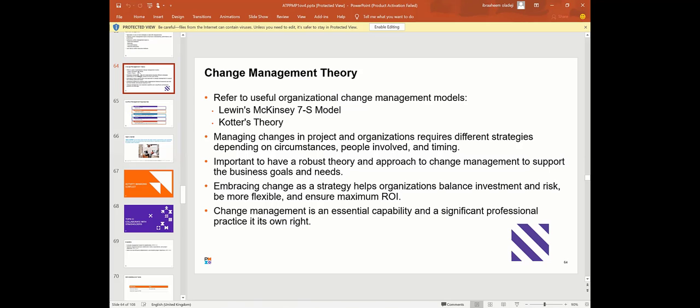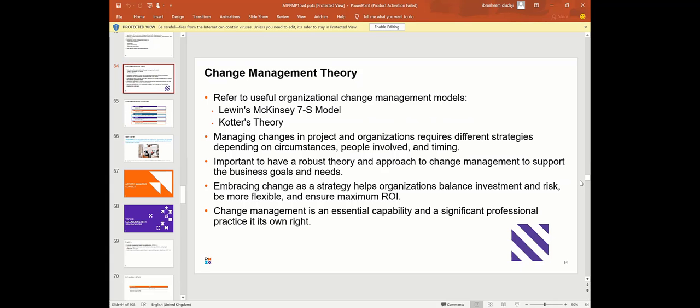You see the reason why you should have access to multiple models, because some of them might be effective in some particular context and not usable in another context. So it is important to have a robust theory and approach to change management to support the business goals and needs.